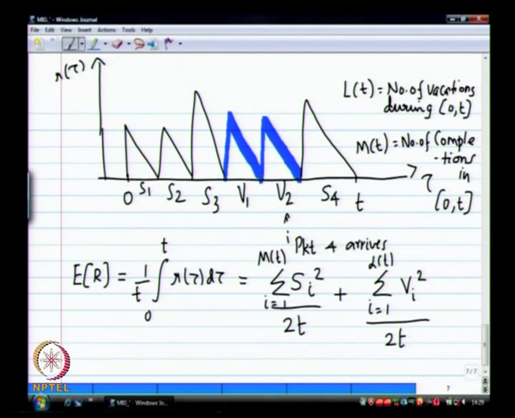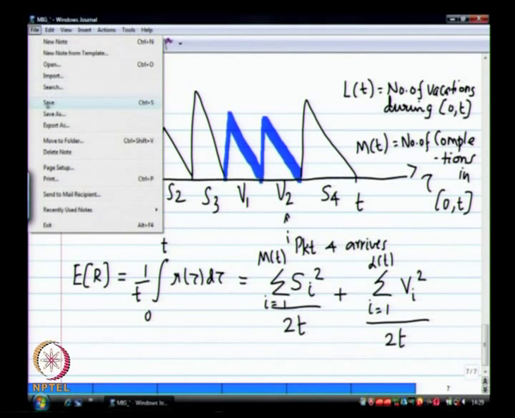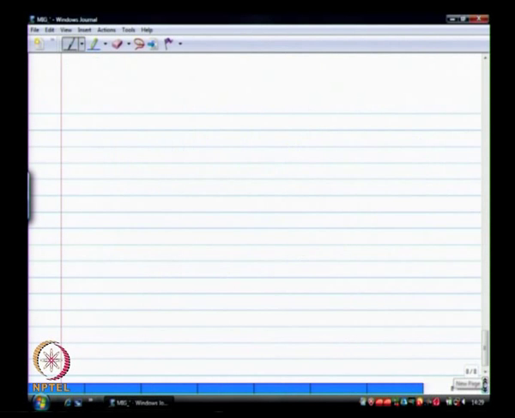We multiplied and divided by M of t and then we got the derivation. I hope you remember that. So if I simply say that this is equal to lambda E of s squared by 2. Then let us again do that L of t by t.